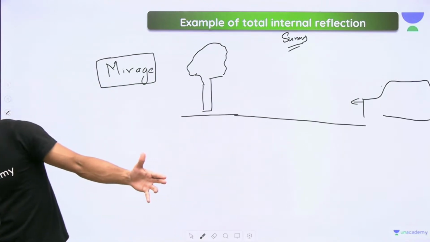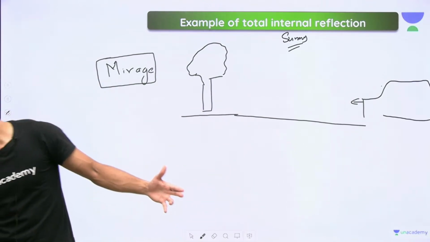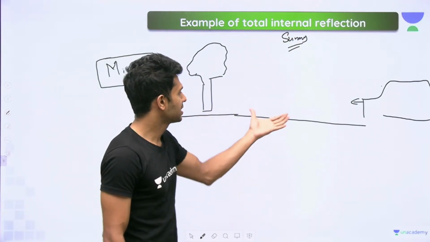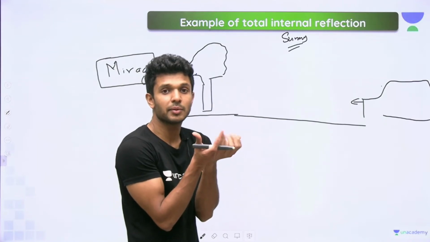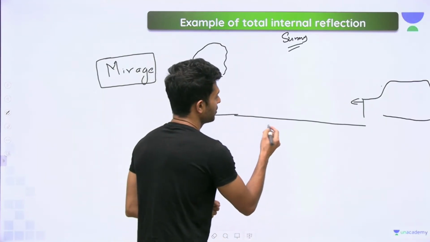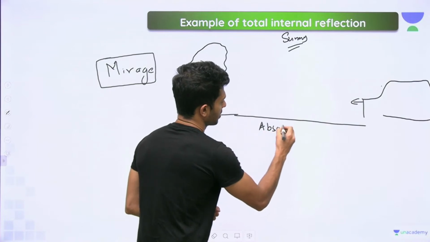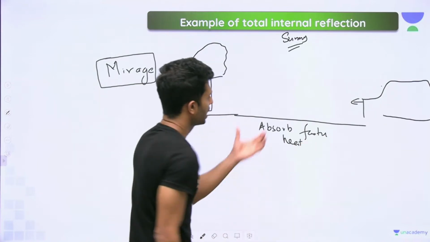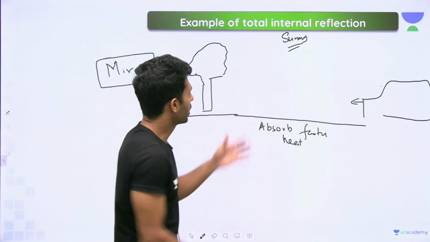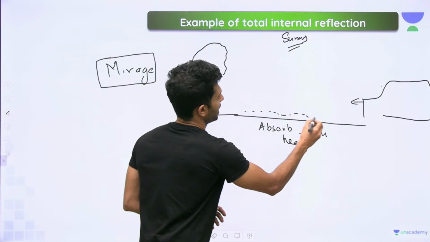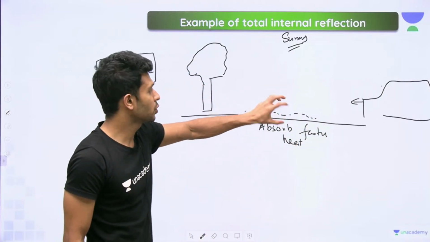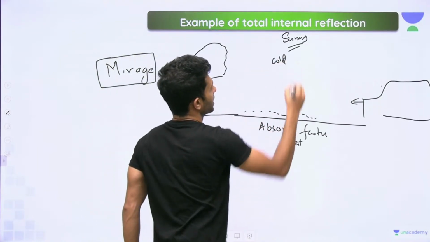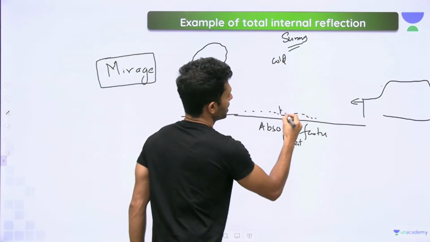You know that whenever there is very much heat, this sand, this land will absorb the heat faster. It will convert the air molecules just close to it also to be hotter, which means the molecules on the top will be cold, and the air molecules here will be hotter.